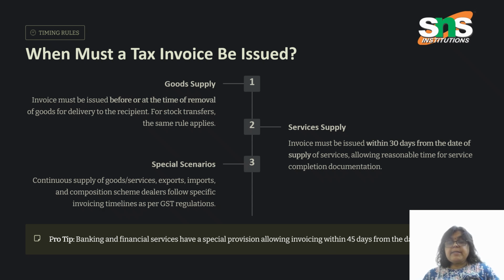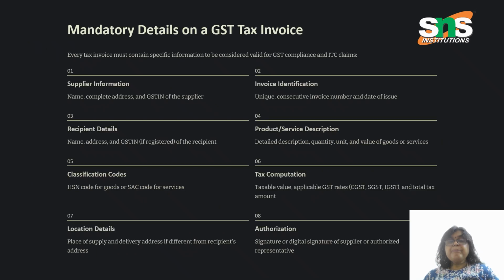There are certain special situations where the bill has to be substituted with input information and exported information, and certain timelines should also be prescribed based on the GST regulations. There are certain mandatory details that should be available in a GST invoice: supplier information, recipient information, invoice details.